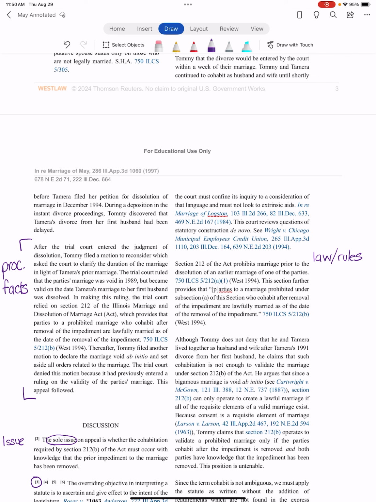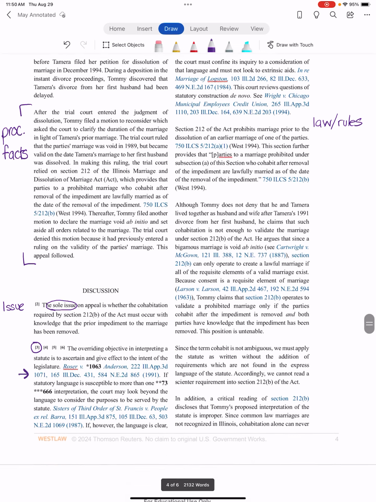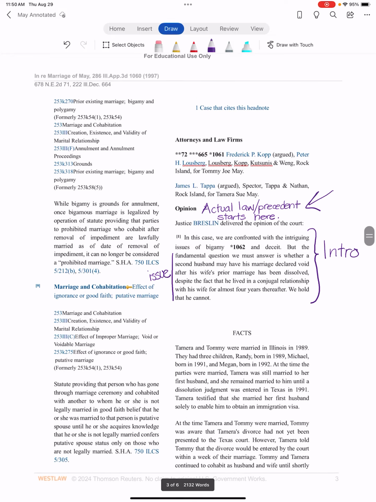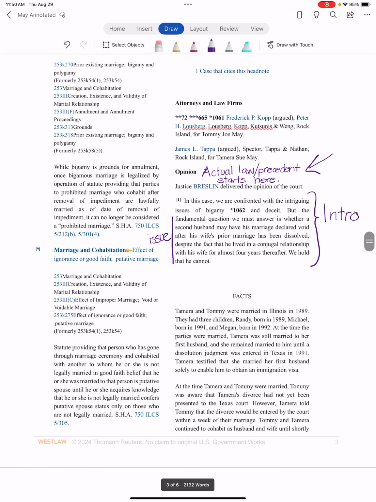But it's not that important for me to prioritize what I'm going to spend a lot of time close reading on when the opinion is so short. If the opinion is this short, I can read the whole thing pretty closely after I get the lay of the land. So my next step is to go closely through the opinion and make notes.